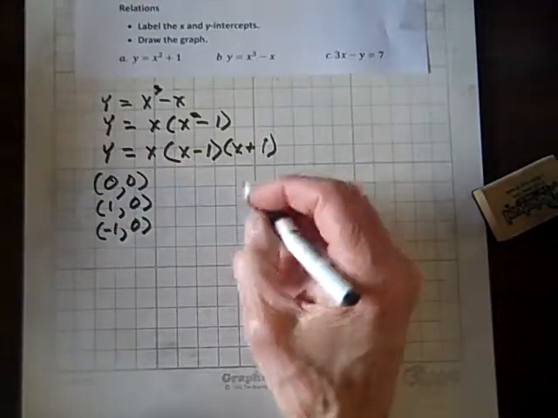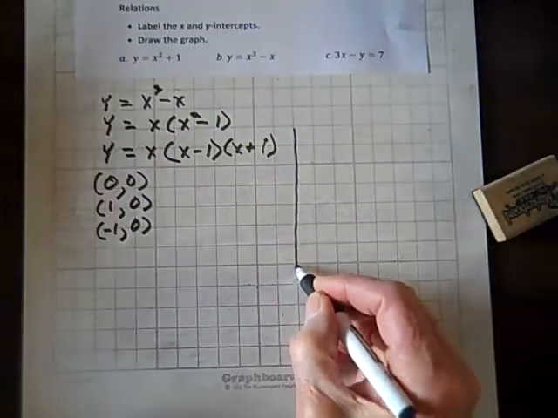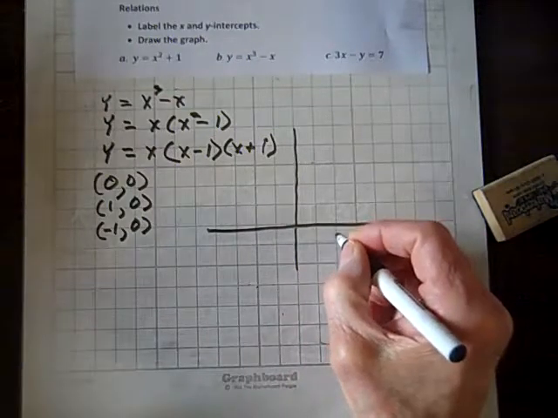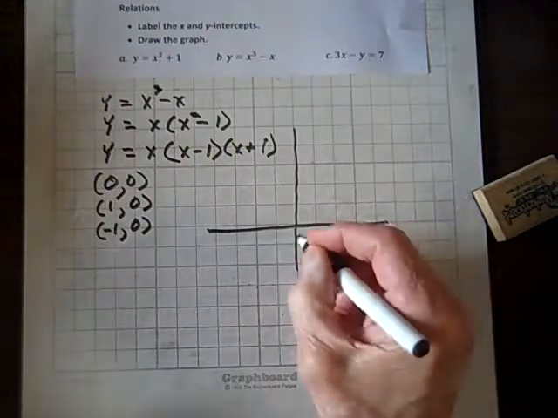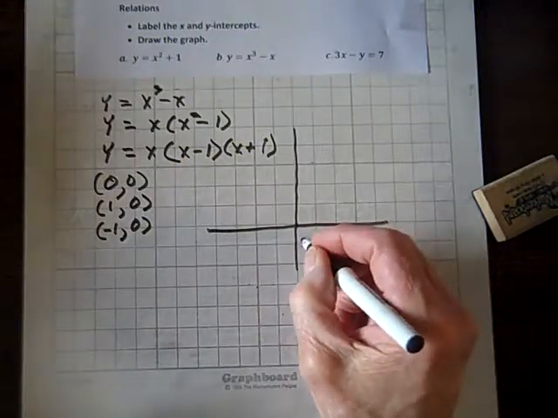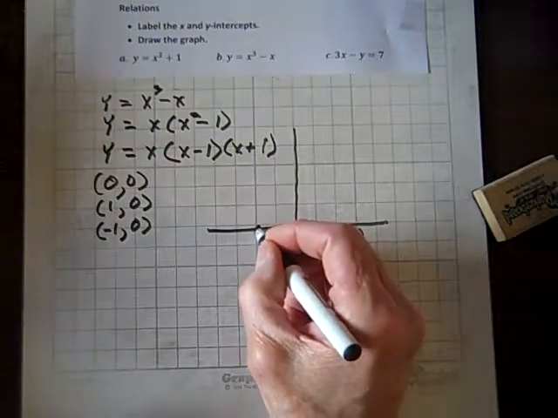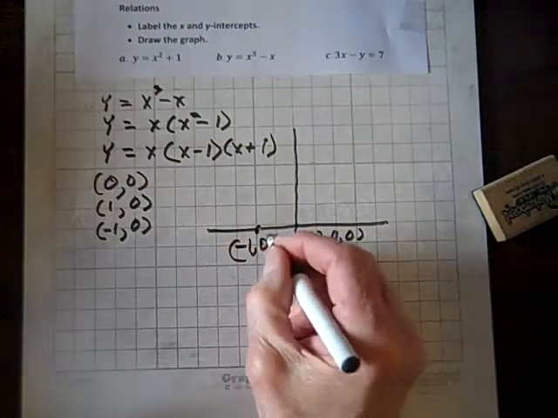So, now let's graph it. We've got an x-intercept at 1, and a y-intercept and x-intercept at 0, 0. And here we are, another x-intercept at negative 1.